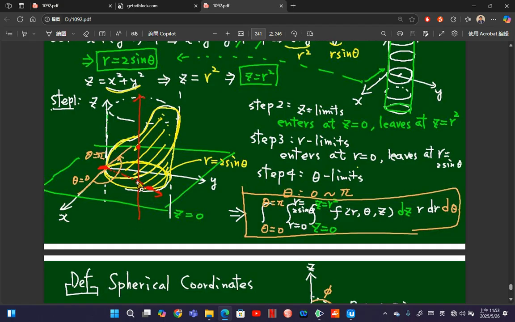Then you can see which is the enter point and which is the leaving point, and then you can construct the innermost integration for the whole integration. So this is the inner part, and then it will be reduced to a polar curve to do the double integration. You can see here that we will add r in the dr d theta. For the rest, it will just follow the integration for the polar coordinate system.